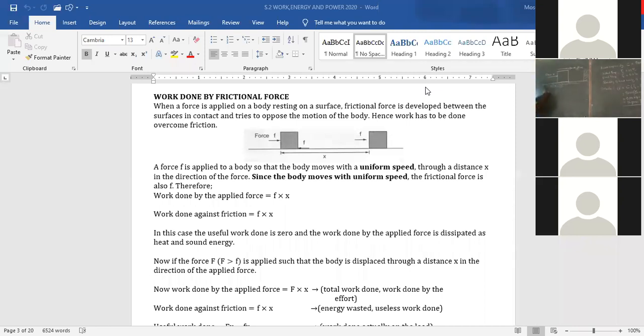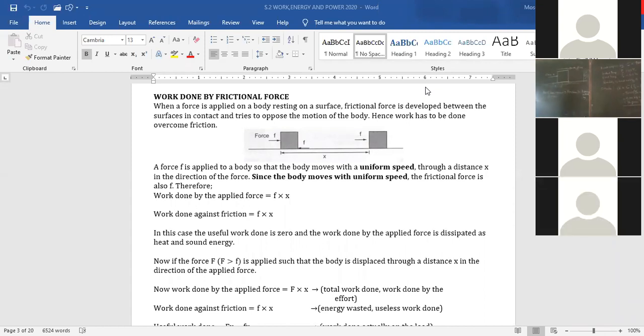Work done against friction is going to be given by the product of the friction times the distance moved. Is that okay, girls?